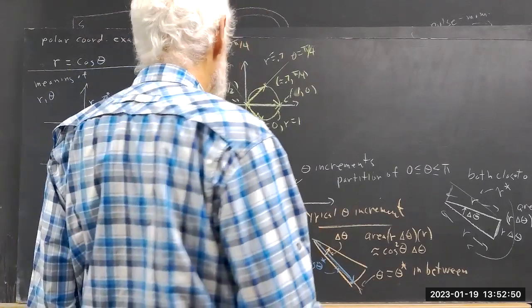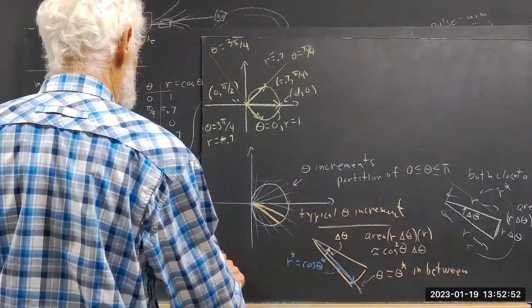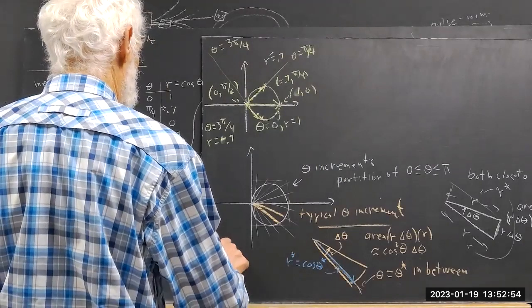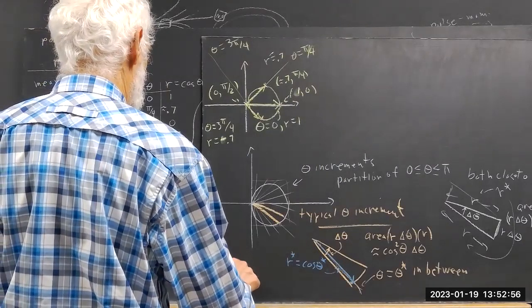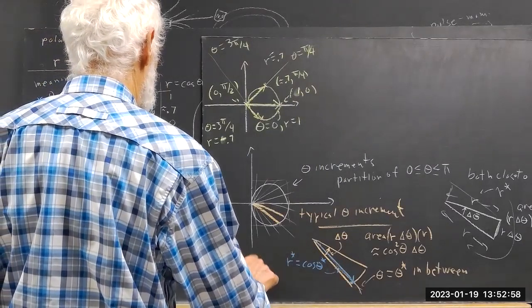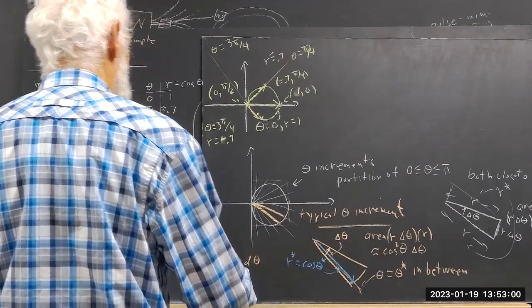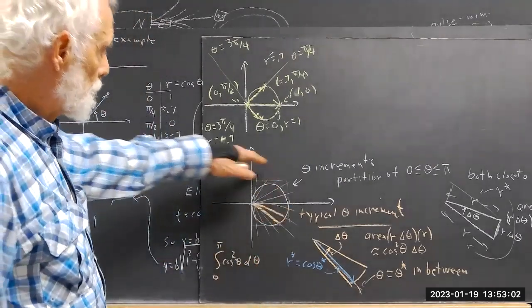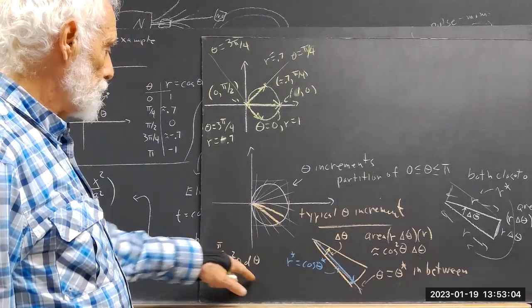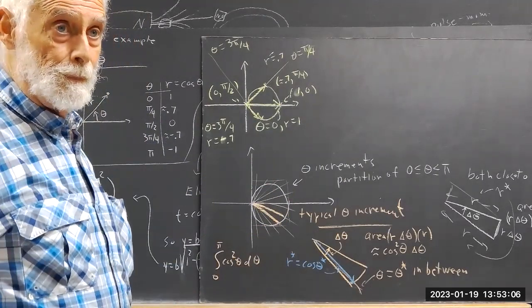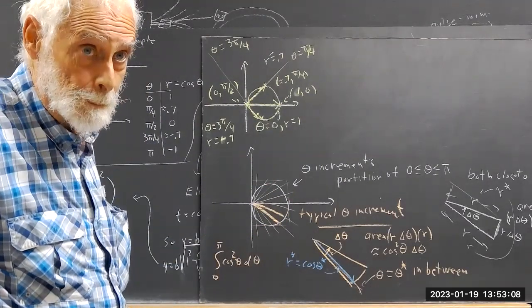So you integrate from 0 to pi, because you partition the interval from 0 to pi, cosine squared theta d theta.